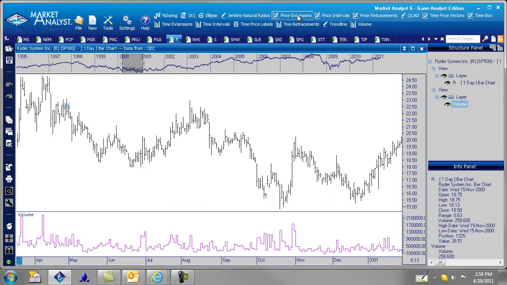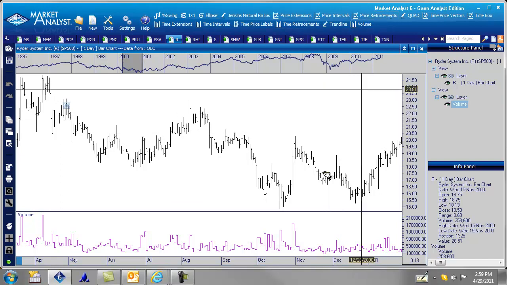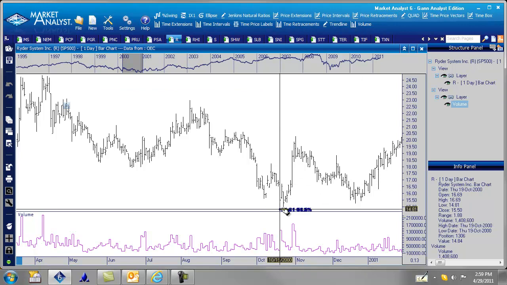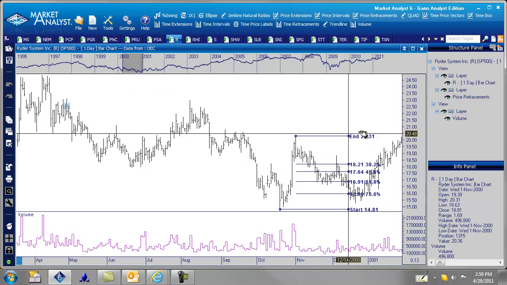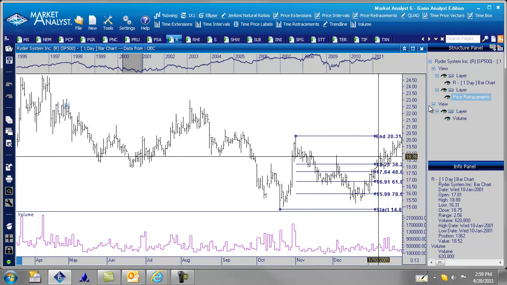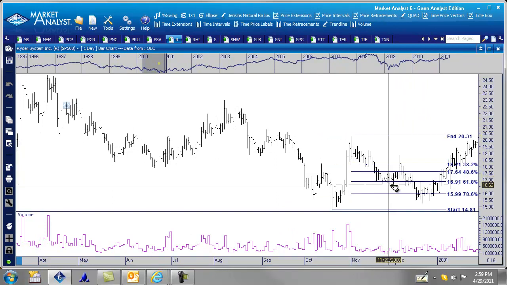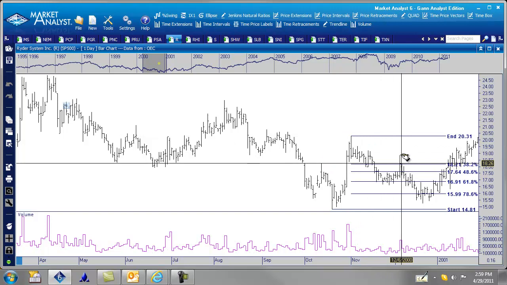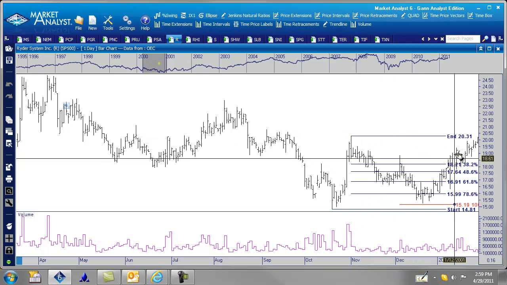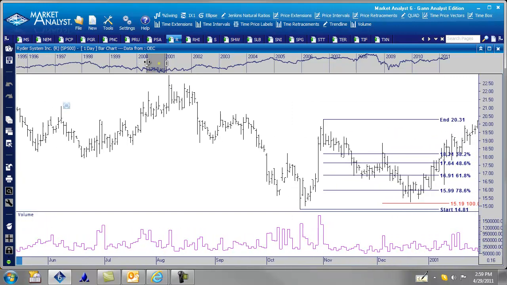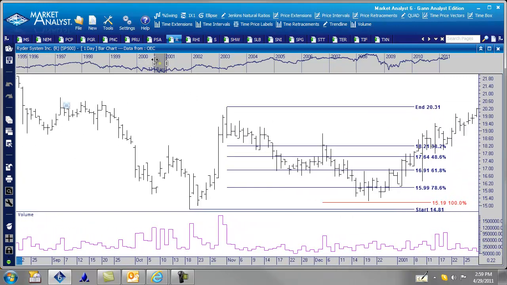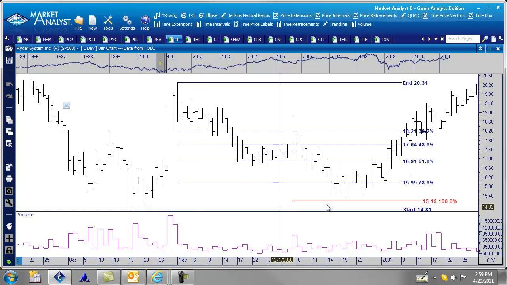Let's do the price retracement first. Do the low to the high, drag that across, and then let's do the price extension, A to B to C. Okay, now I want to show you this because this is a TRG 100.